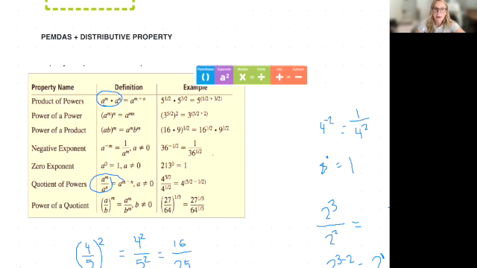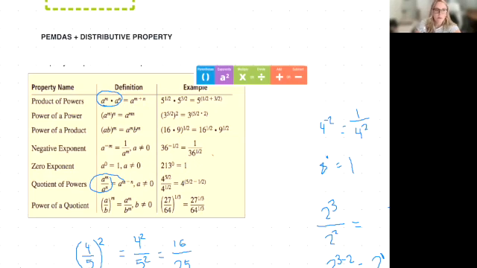When you have power of a power or power of a quotient, that's when the parentheses come in. So you're either you have one base and two different exponents. So you're either going to multiply, subtract, or you're distributing. And then this negative exponent and the 0 exponent are just ones that we can remember. 0 is always 1, negatives are always a fraction.